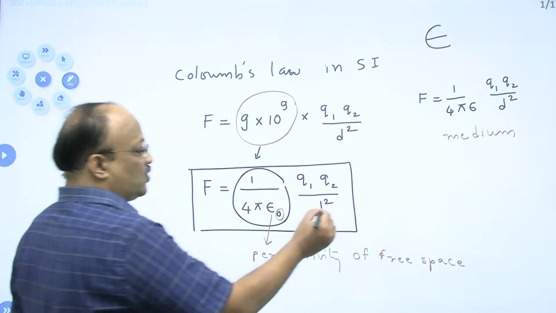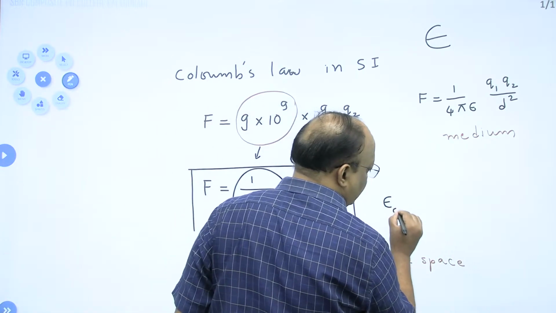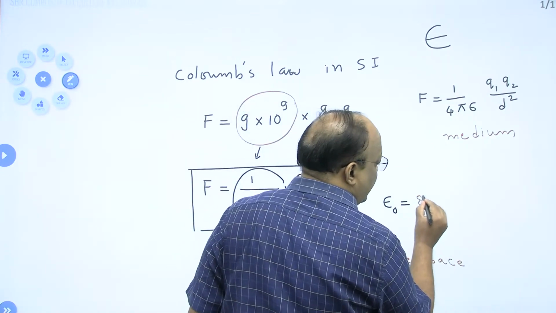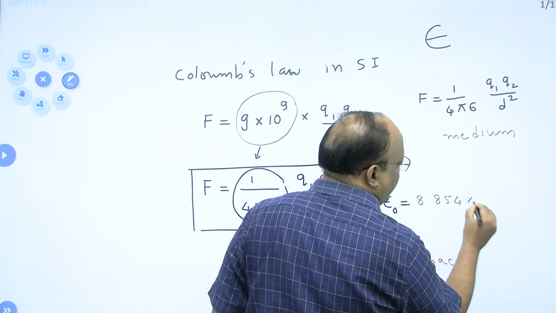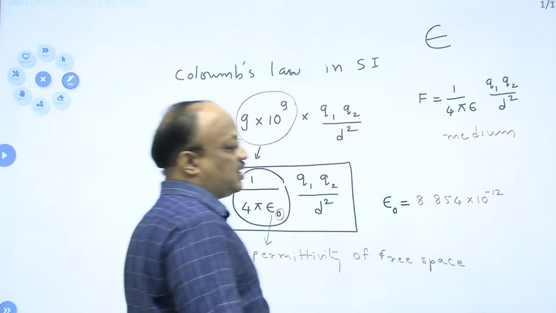Its value in SI is 8.854 into 10 to the power of minus 12.